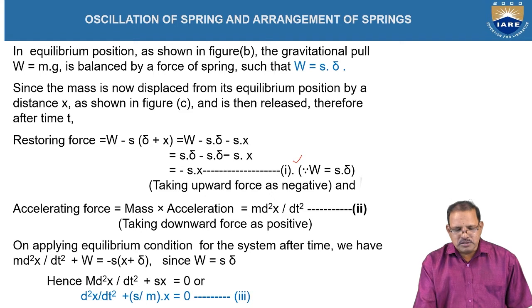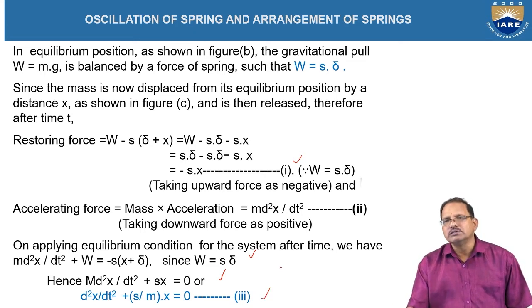Since W is equal to S into delta, on simplification we got m d2x by dt square plus S x equal to 0. It is represented in equation number 3 as d2x by dt square plus S by m into x is equal to 0.